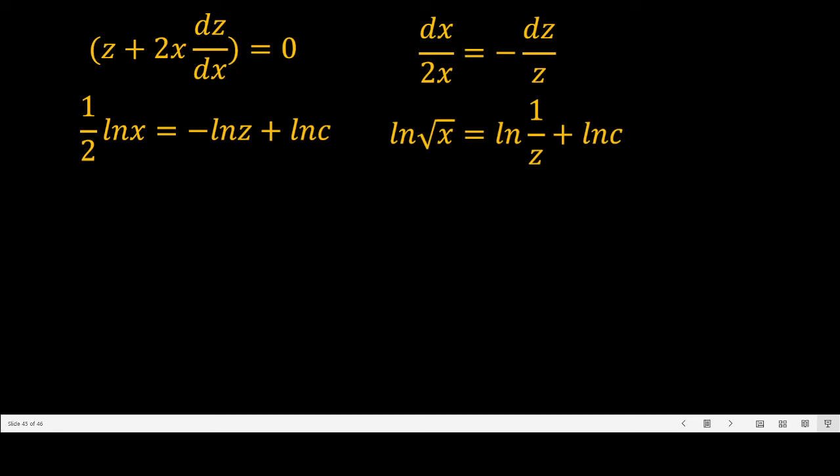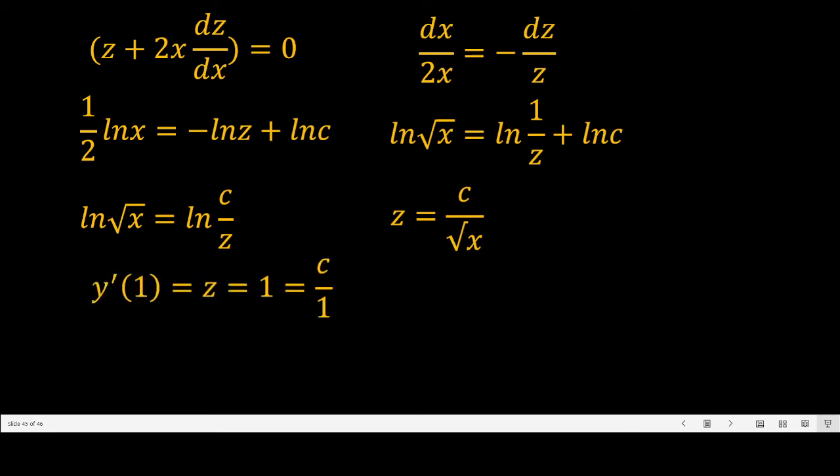And from basic algebra, we know that the logarithm of square root of x equals the logarithm of 1 over z plus ln c. And finally, from that, we can calculate z as a function of x, and z equals c over square root of x.